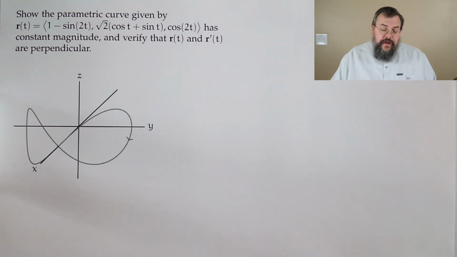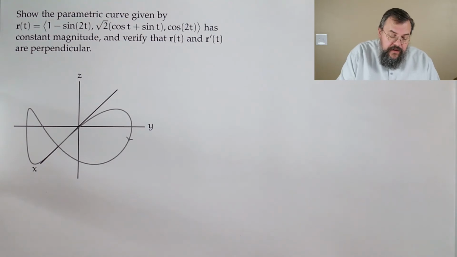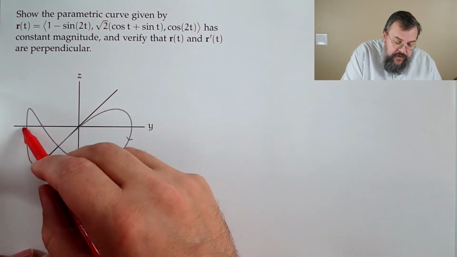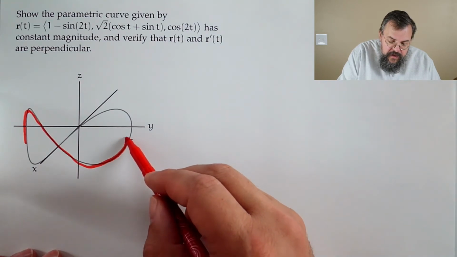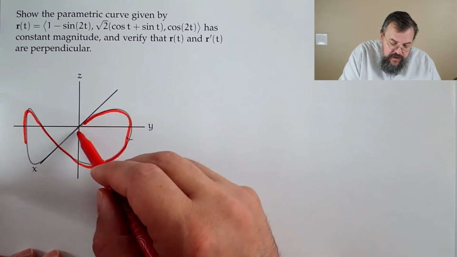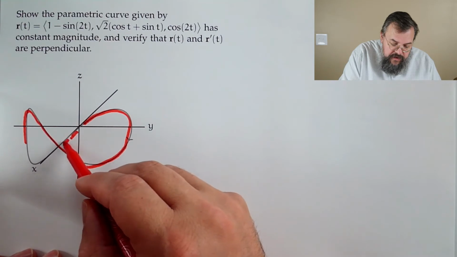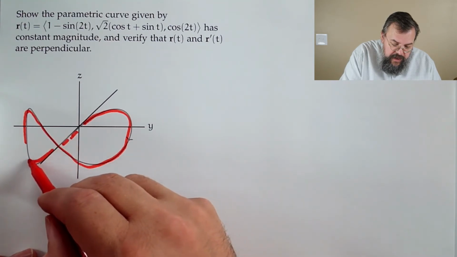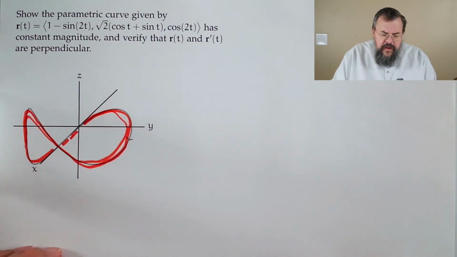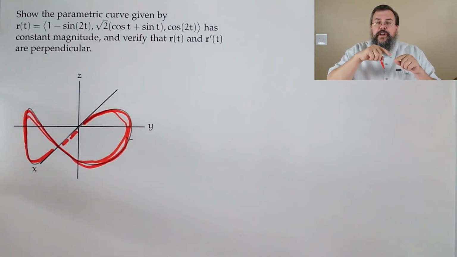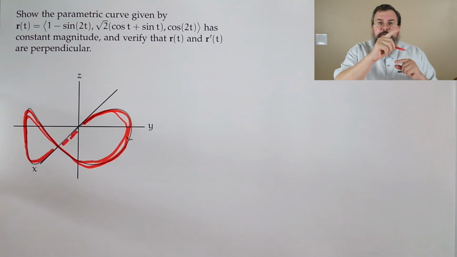Now, to say that something has constant magnitude, by the way, this is a little bit hard to see what this curve is doing, but here's the curve, and then it sort of dips behind there so that we can't see it very well, and then it comes back up. More or less what the shape is like, if you're familiar with a Pringle chip, you think about the edge of the Pringle chip.